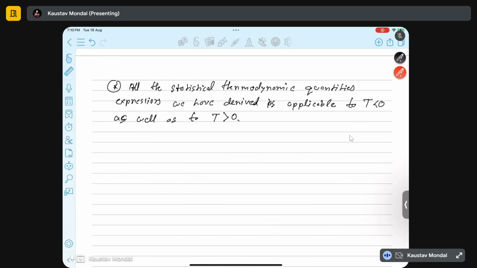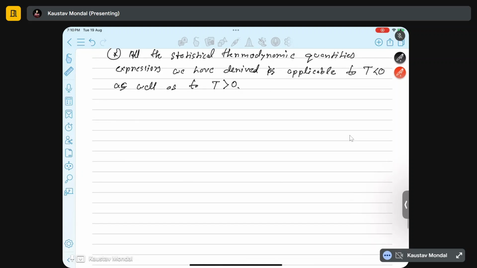So the effect of T less than 0 on thermodynamic quantities. Okay. We'll start from the partition function.